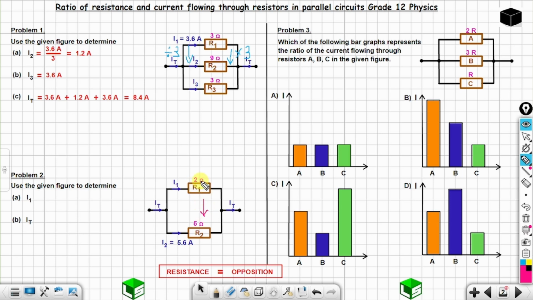From R1 to R2, the ratio of the resistance is 1:2.5. If you divide 2 by 2, 1, 5 by 2, 2.5. So the ratio is 1:2.5. So there is multiplication by 2.5.